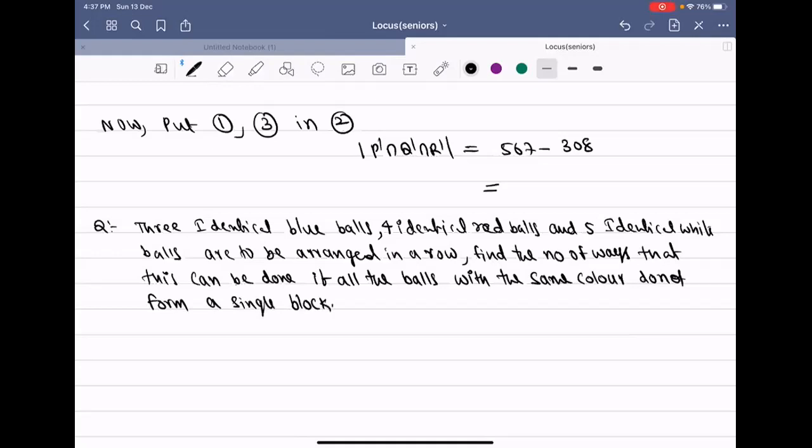This is also a question on permutation and the principle of inclusion and exclusion.